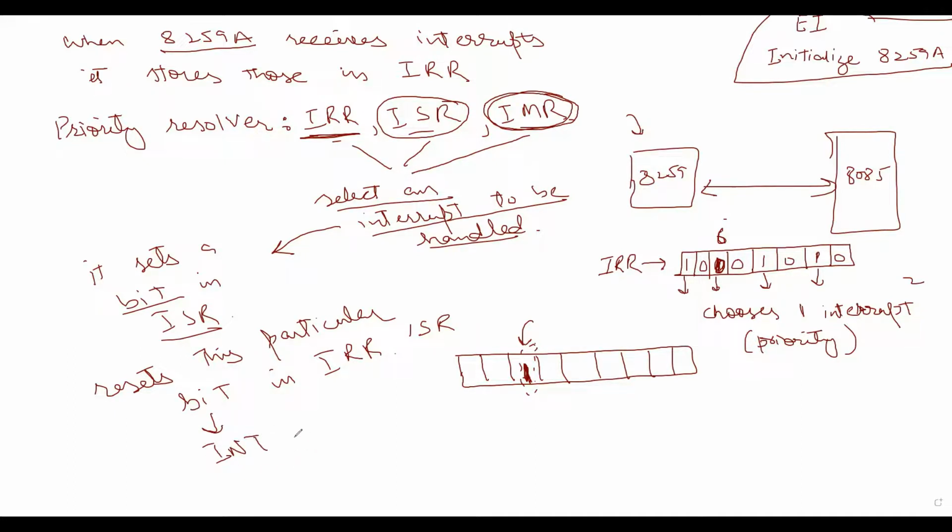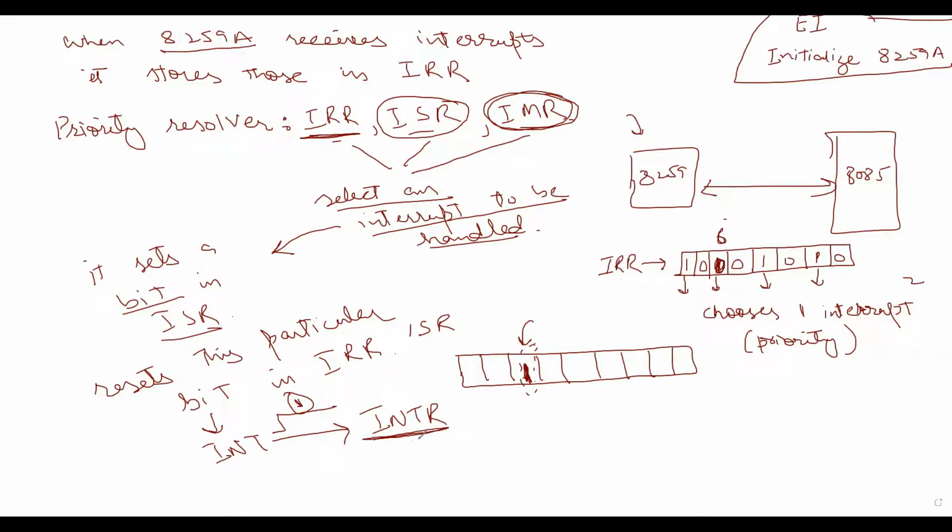Through this INT pin, and this signal is received by 8085 through the INTR pin. So we can say the INT pin of 8259A is connected to the INTR pin of 8085. So that means it will send a high signal. High signal means 1.